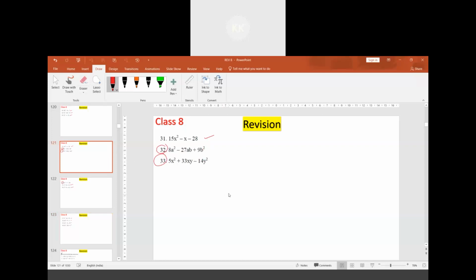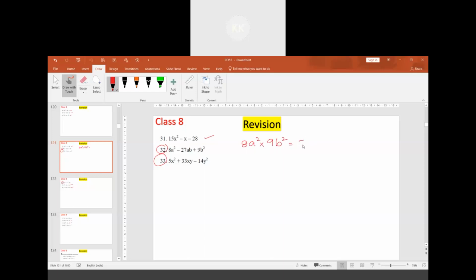This question 32 is not a direct type of splitting the middle term. We had solved a question of this type, so here we have to use logic in a different way. How do we solve this? We have to consider 8a square and multiply it with 9b square.